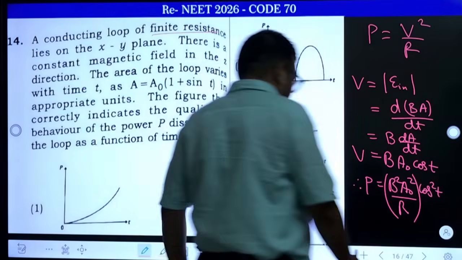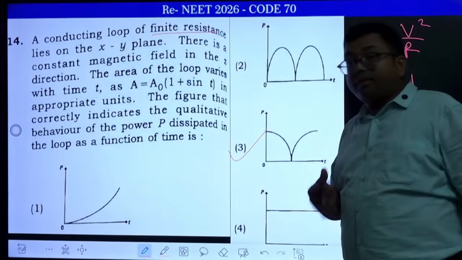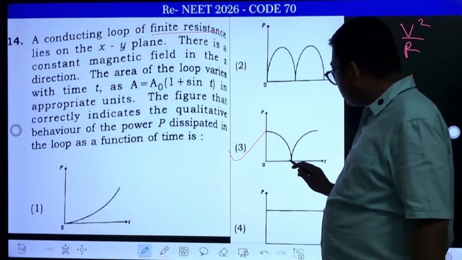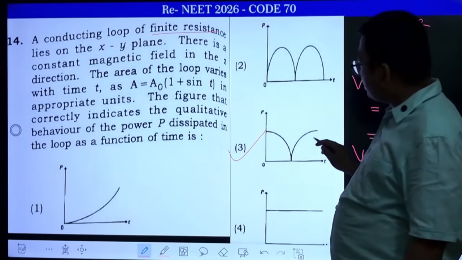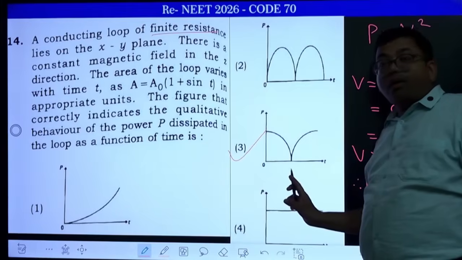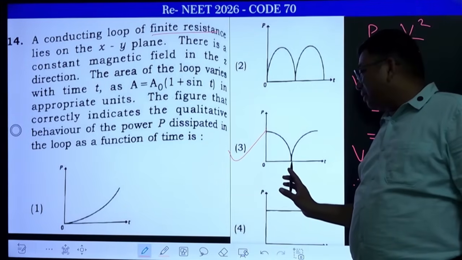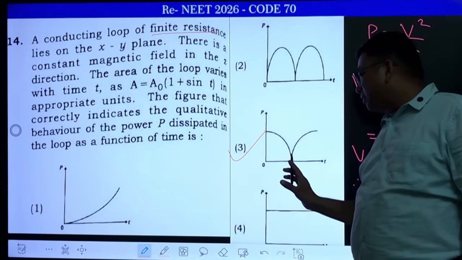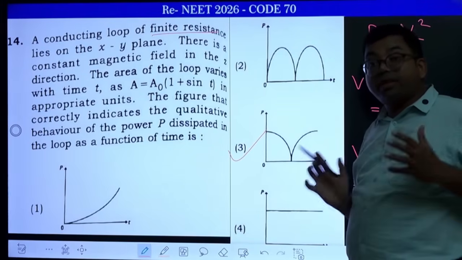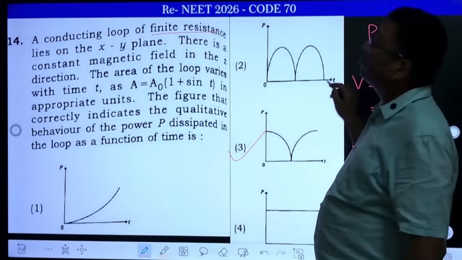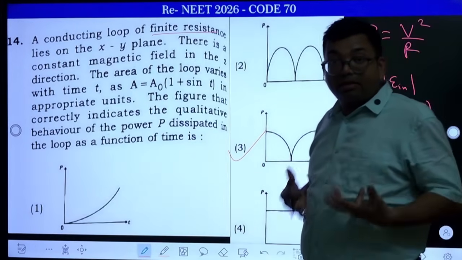Let us move next. And also, I will tell one more important thing. Check out whether the graph will be exactly like this or not exactly like this. By just looking, it may look like the graph is like this, but at this point, it may not be like that. You just try to check. Generally, sine square graph will make it like this. But is this the actual graph?